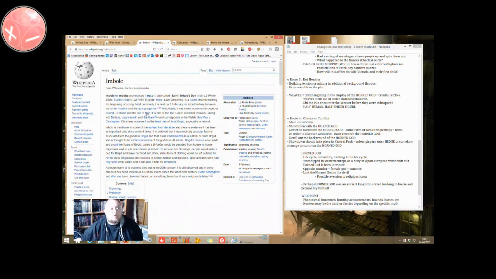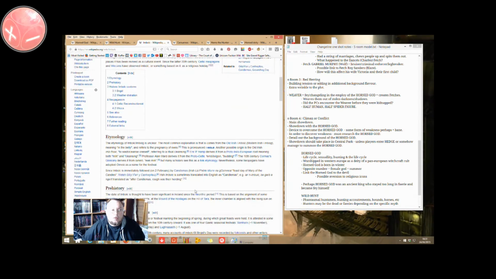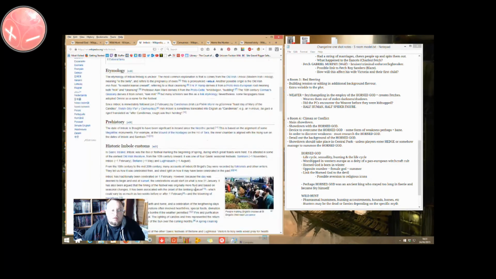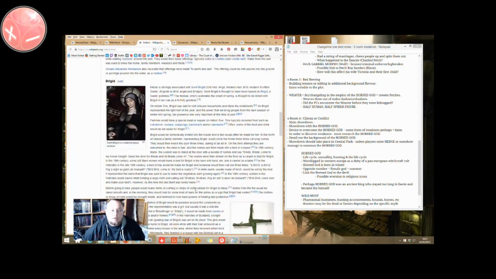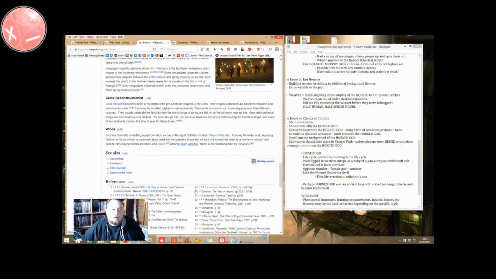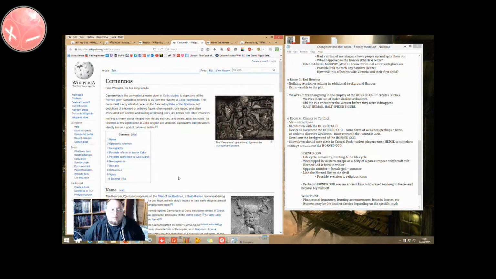Move on to have a look at some other stuff. We've got Imbolc, which is important to the horned god. Kronos, which is the name given in Celtic studies to depictions of the horned god.